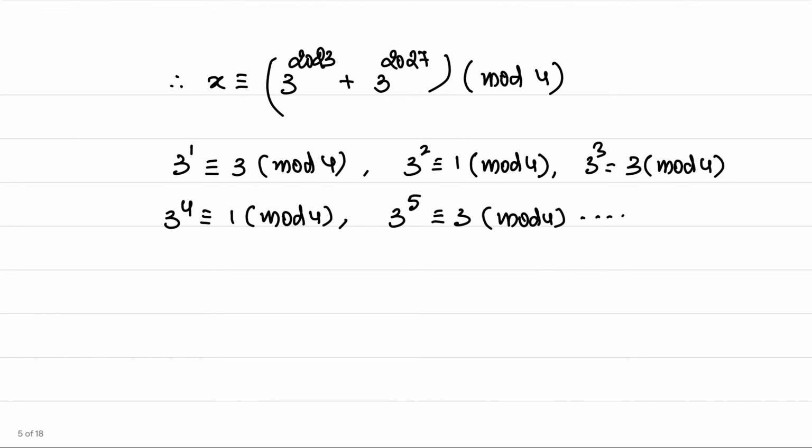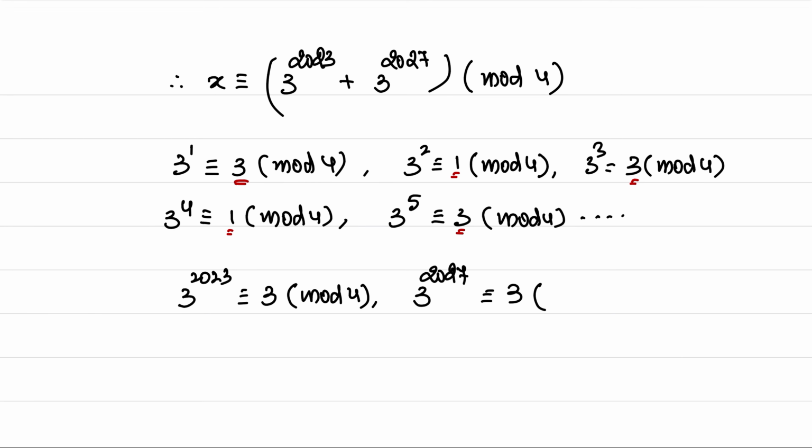In a similar way, for odd powers, if you see, 3 is the remainder. For even powers, 1 is the remainder. Hence, we can conclude 3 to the power of 2023 is equivalent to 3 mod 4, and 3 to the power of 2027 is equivalent to 3 mod 4.